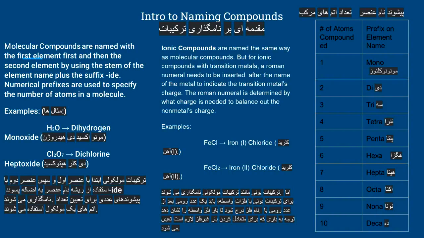For the second example, Cl2O7, dichlorine heptoxide, it has the prefix di for the 2 atoms compounded, and the second element has the prefix hepta for 7, the stem of the element's name, and the suffix.